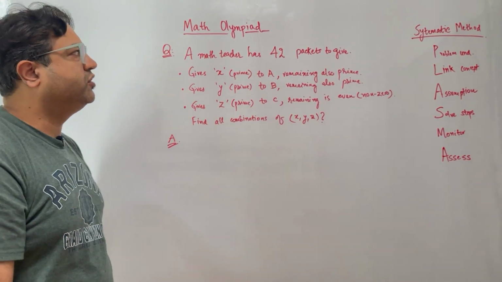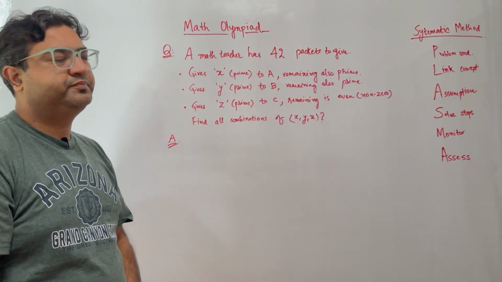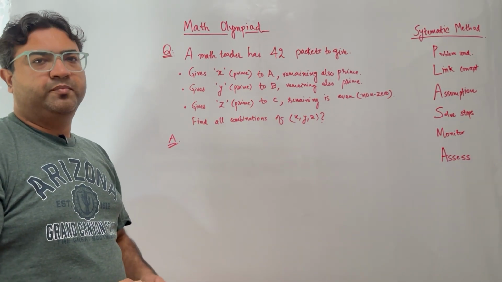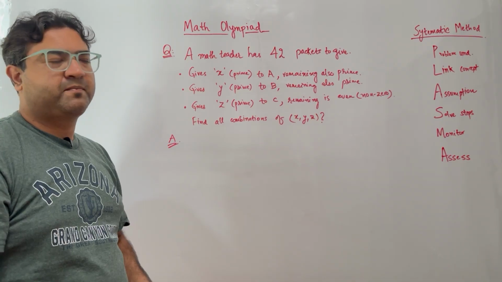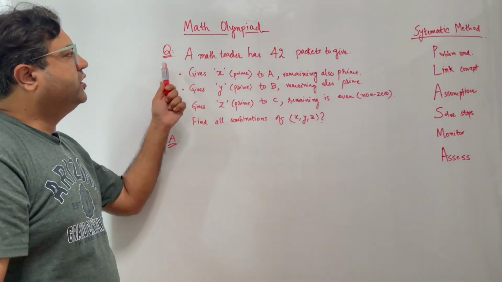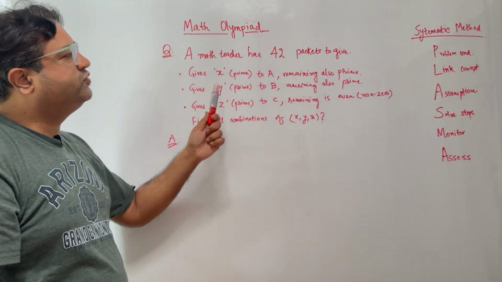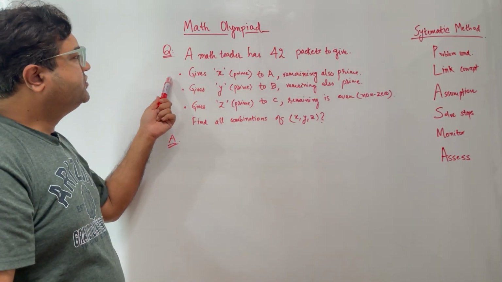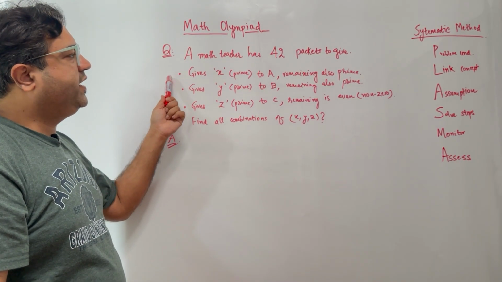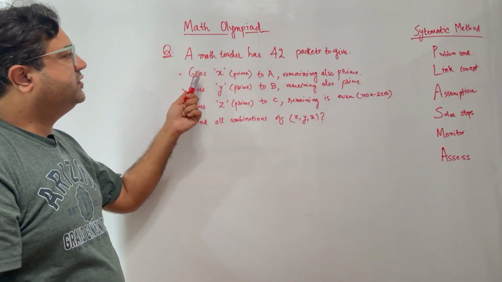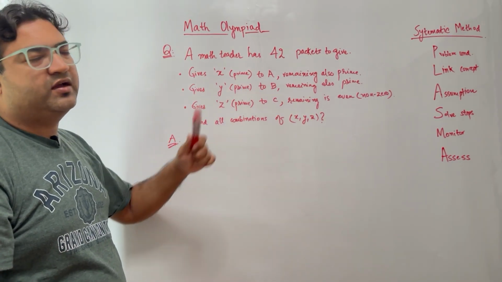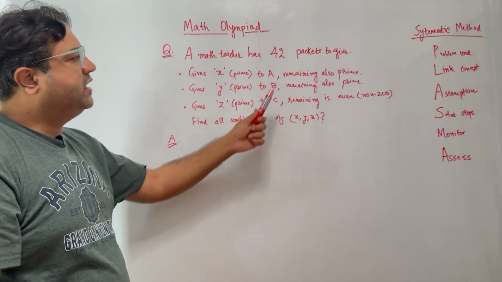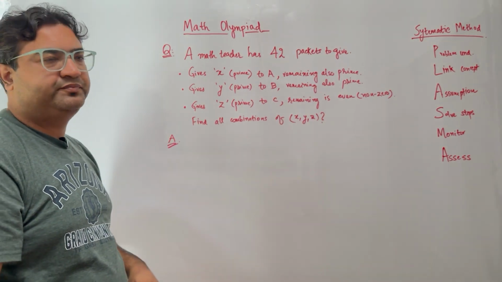Today we are going to solve another Math Olympiad problem which is on prime numbers. A math teacher has 42 packets to give out to students. To student A, the teacher gives X number of packets and the remaining is also prime.